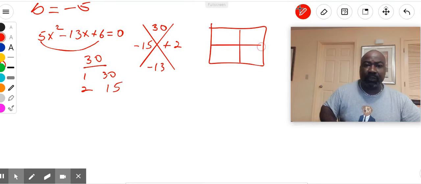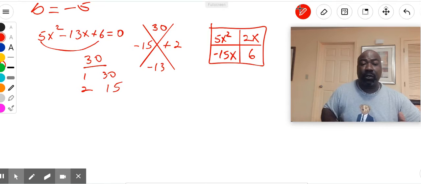So what we have right here, the equation is 5x squared. We have 6 right here. We have our terms right here: negative 15x, and here we have 2x. So what we're going to do right now is look at things horizontally and vertically.